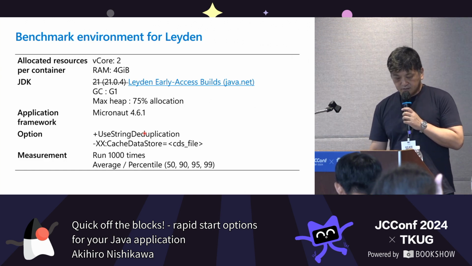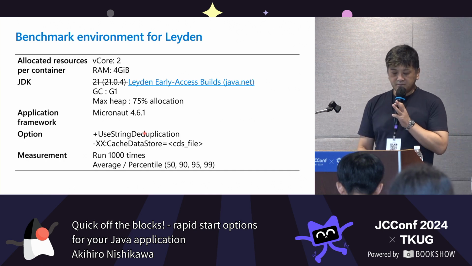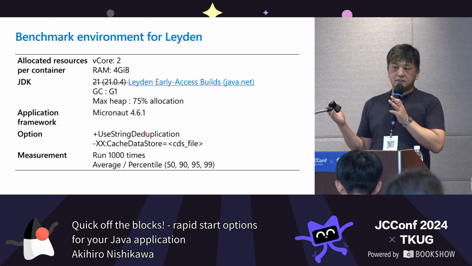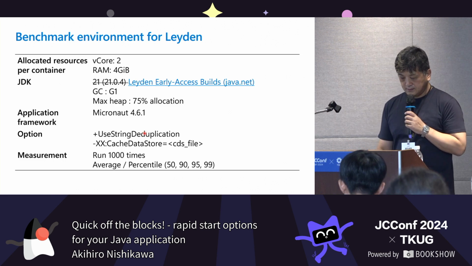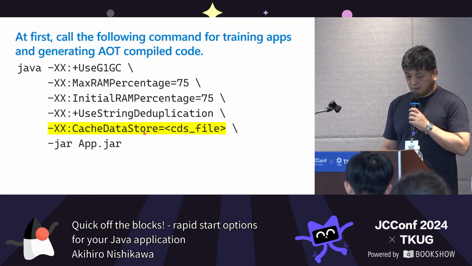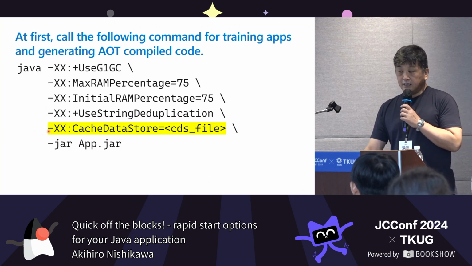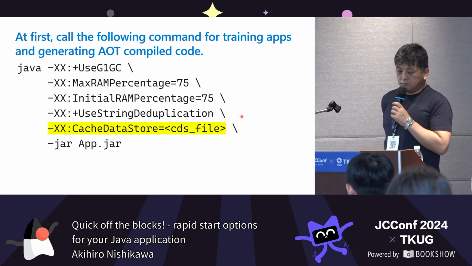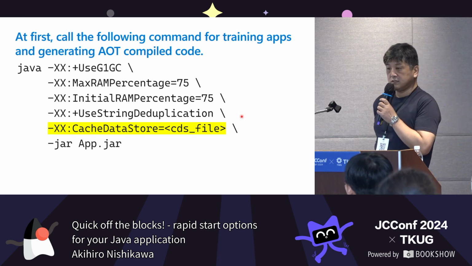The application framework is 4.6.1, sorry, 4.6.0. This is a typo, 4.6.2. The other configuration is the same as the other benchmarks. When calling the Leyden applicable JDK, the cache data store option is specified to store the cache data.